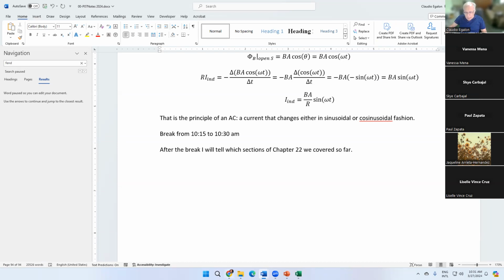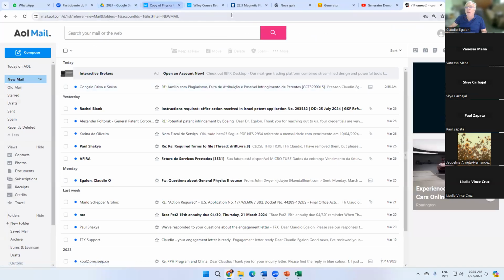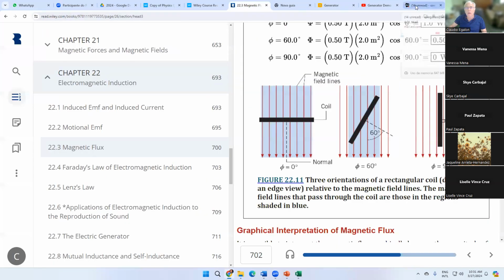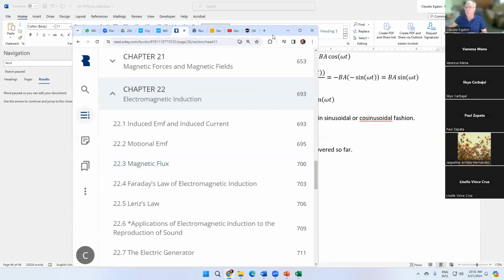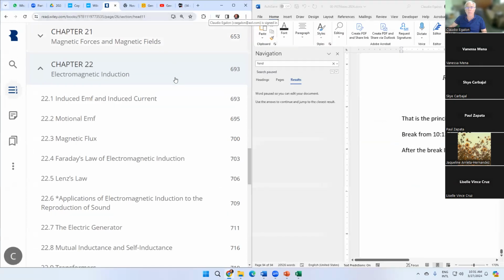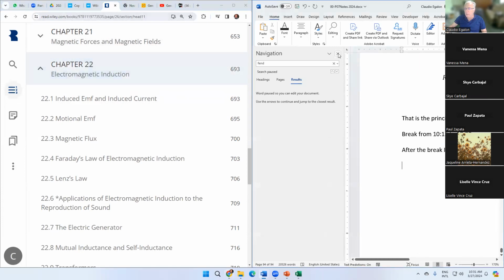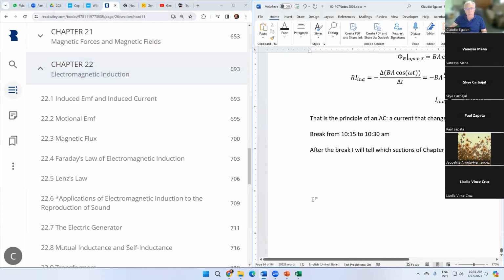But let's take a look at what we have covered so far in chapter 22. Chapter 22, induced EMF and induced current. 22.1, induced EMF. EMF stands for electromotive force, and induced current.